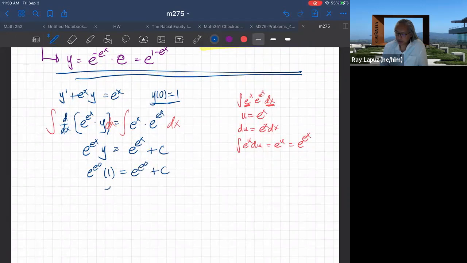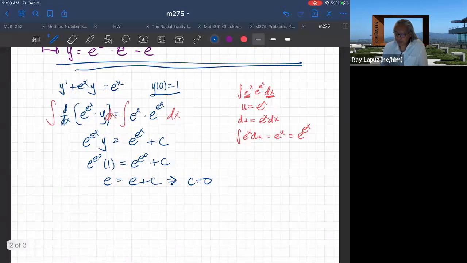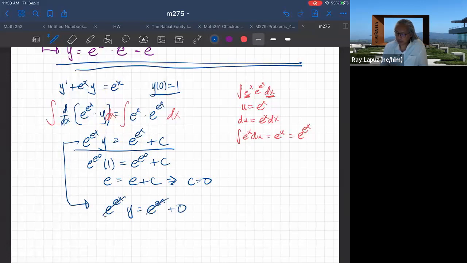This is just going to be 1 is equal to 1 plus c, so c is equal to 0. So that means e to the x times y is equal to e to the x plus 0. Let's divide out and say y is just equal to 1. That's it. y is equal to 1.